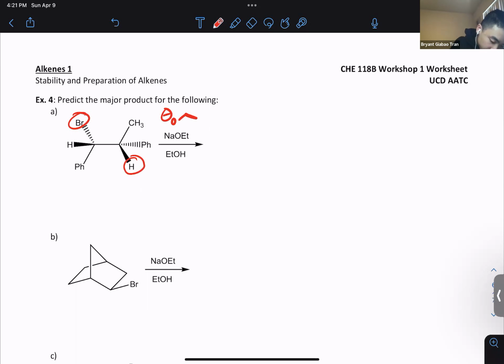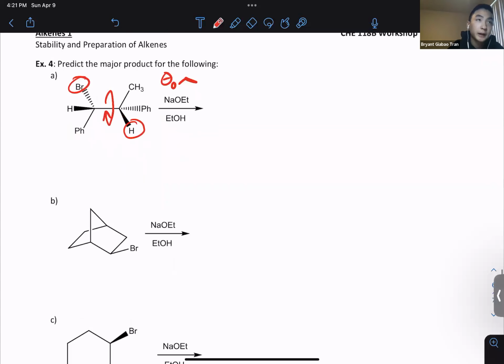So what we're going to do is we're going to redraw this structure in a way that is going to make the hydrogen on the anti-periplanar side to the leaving group. So when we do that, I'm going to move this dashed bromine to the planar phenyl group. When I do that, the phenyl group is going to become a wedge, and then the hydrogen is going to become a dash.